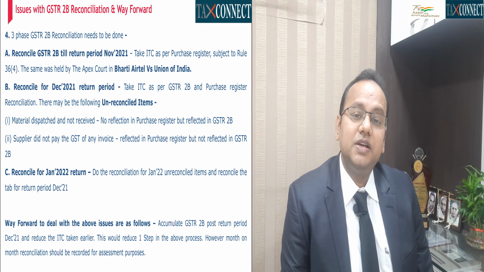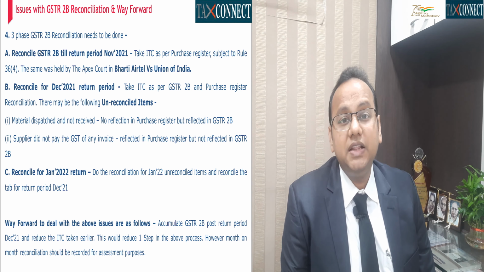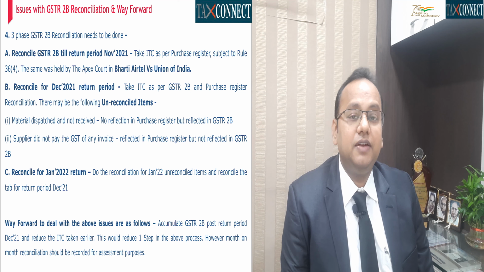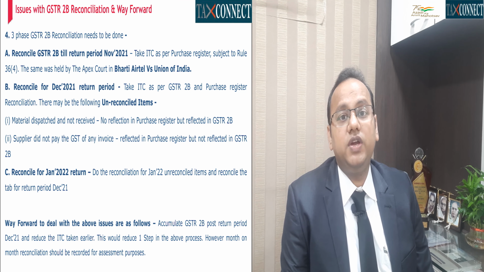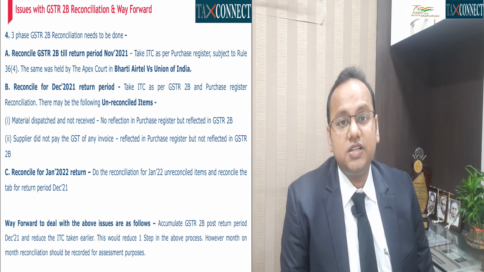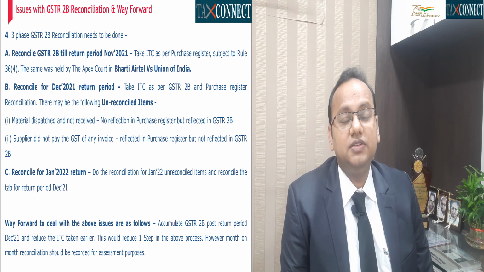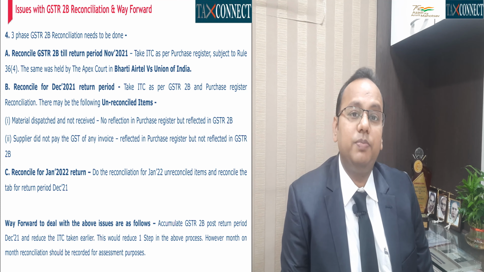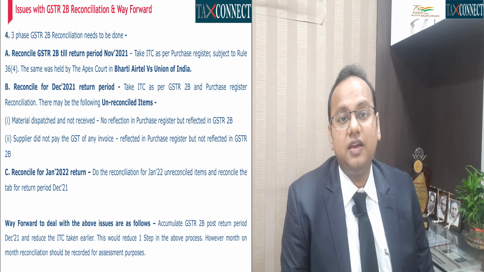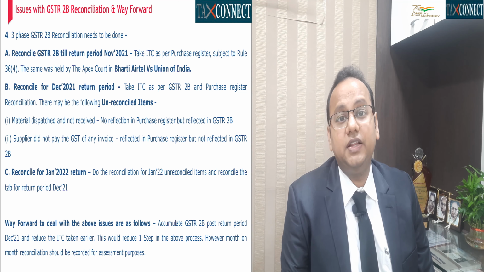Now, GSTR 2B is a monthly statement wherein the invoices which your supplier uploaded in their GSTR 1 for the period 12th of the month to 11th of the next month would be reflected in the GSTR 2B of the recipient, that is you as a recipient in the instant case.